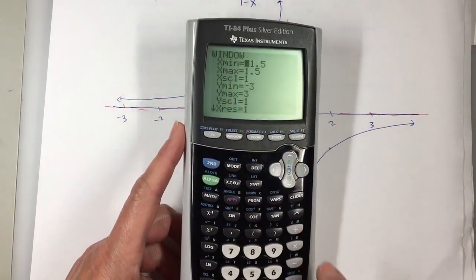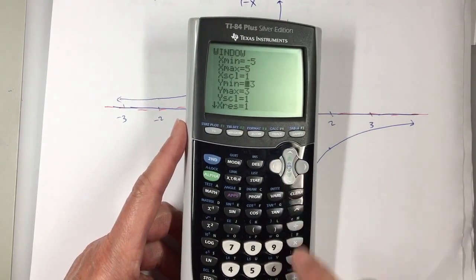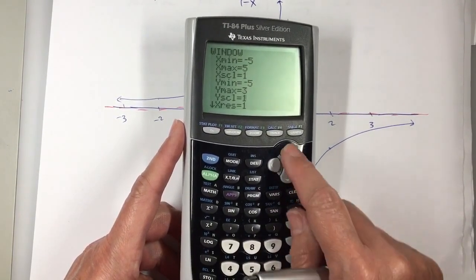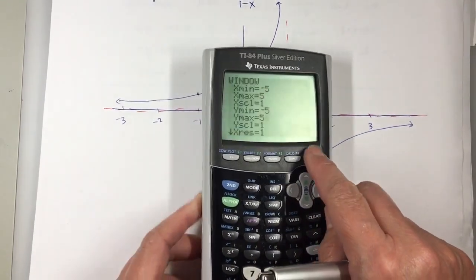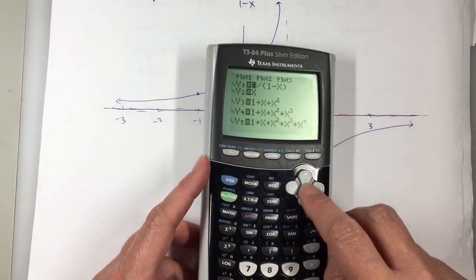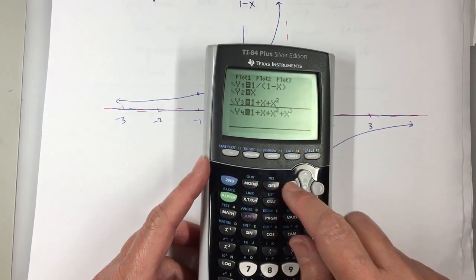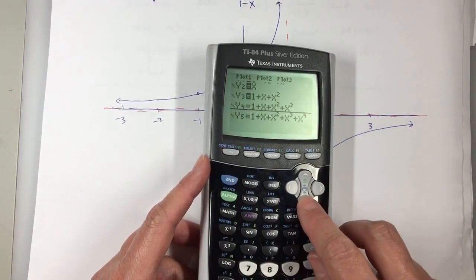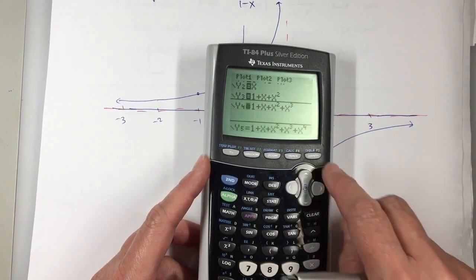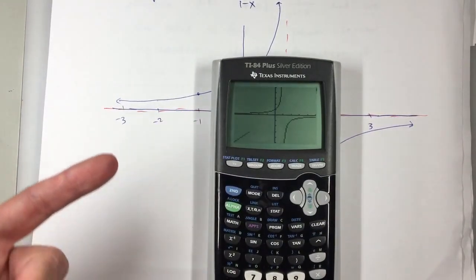I'm going to set the window negative 5 to 5 on both the x and the y. And so I'll hit graph. Let me graph the first 3. I'm going to turn this one off and that one off. Okay, I'll hit graph. So there's the one I just graphed for you.